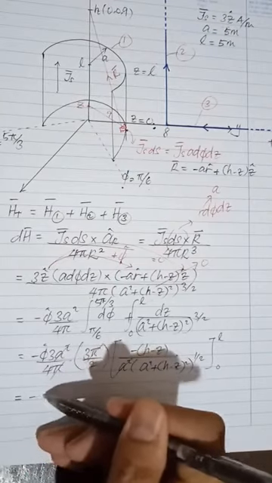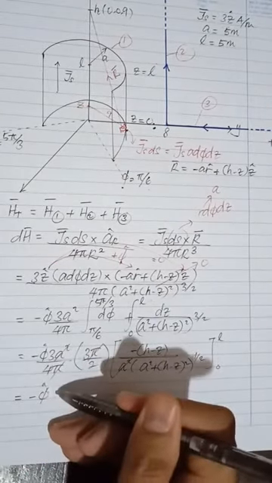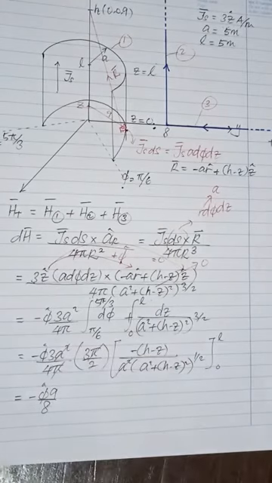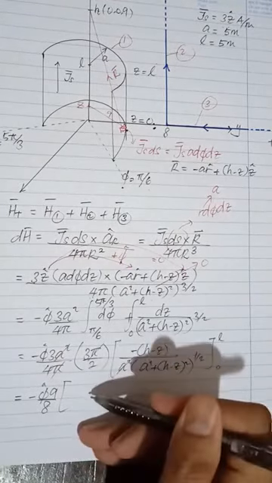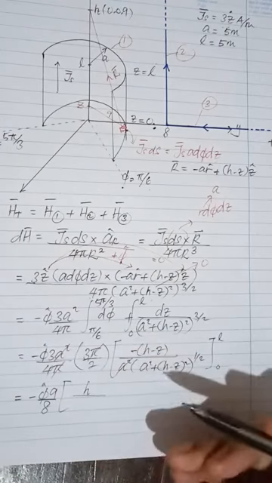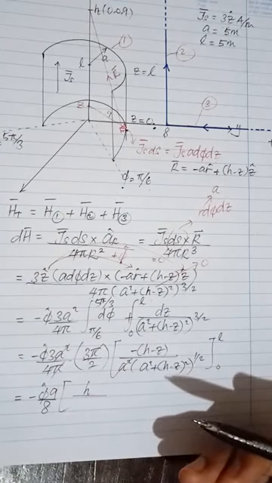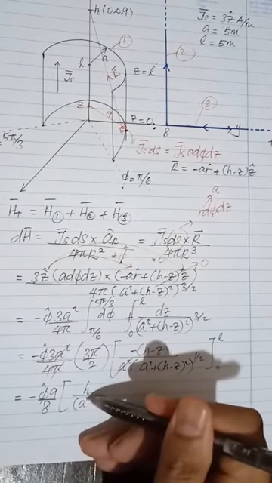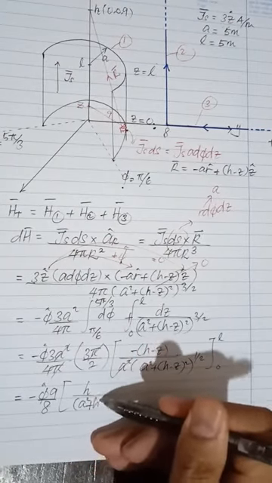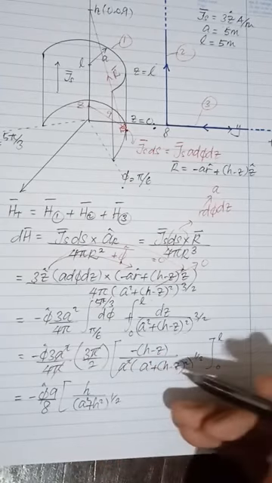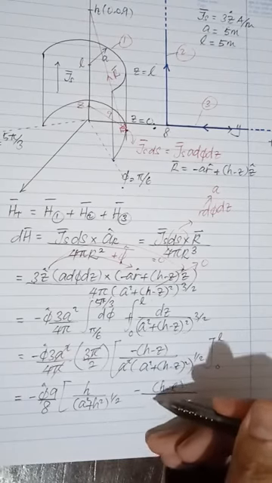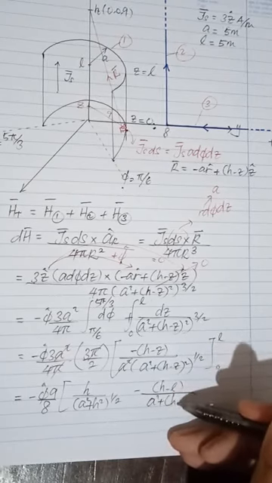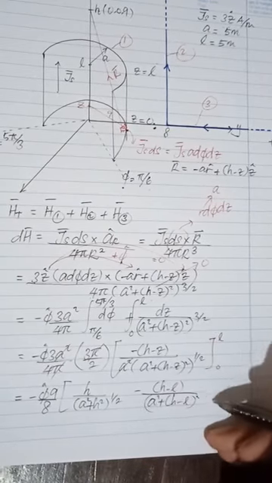Okay, again, negative a_φ 9 over 8, and then I have here h over the square root of a squared plus h squared, minus h minus L over the square root of a squared plus (h minus L) squared.